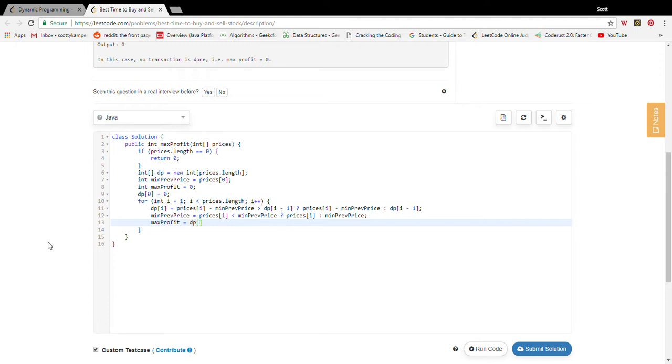So if the profit that we earned on day i, dp of i, the max profit at day i, is greater than the max profit we have so far, then it's going to be dp of i, which again is the max profit at day i. If it's not, it's just going to remain max profit. And finally, we will return max profit.